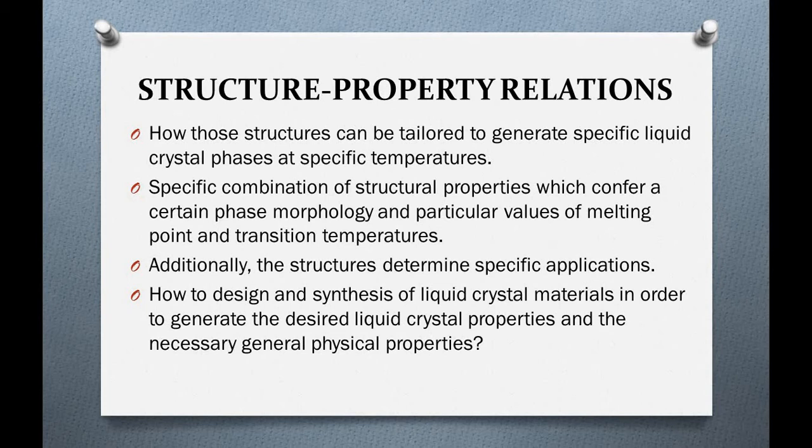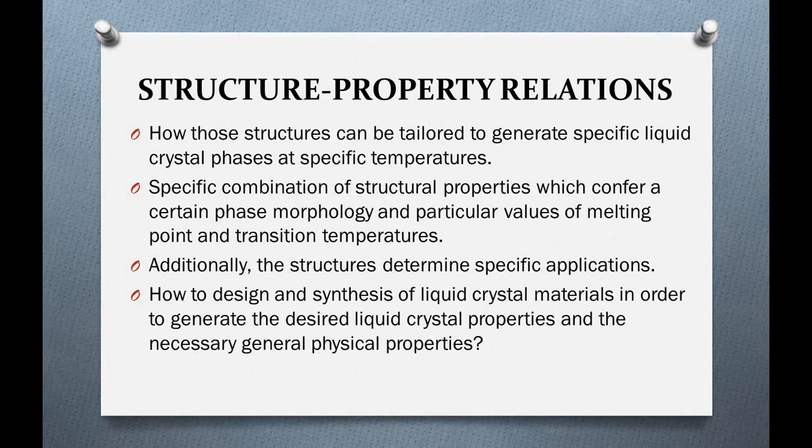Okay, so in today's class, our main goal is to take into account this huge number of organic compounds that have been prepared, and let us just focus mostly on rod-like liquid crystals. We call them calamitic liquid crystals, right? In the last class, we defined these structures of liquid crystals that have a very specific shape like a rod, and we call them calamitic liquid crystals.